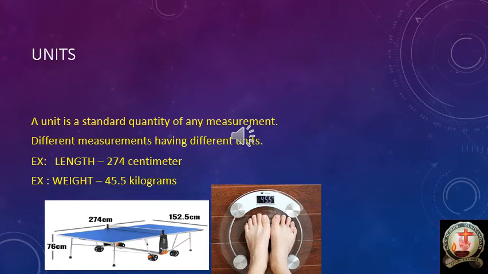You already know what a measurement is. So a unit is a standard quantity of any measurement, and each and every measurement has one unit. Different measurements have different units. I am telling you again, a unit is a standard quantity of any measurement, and different measurements have different units.